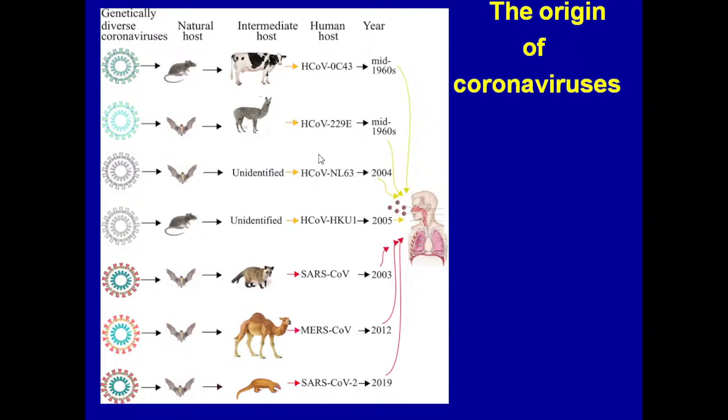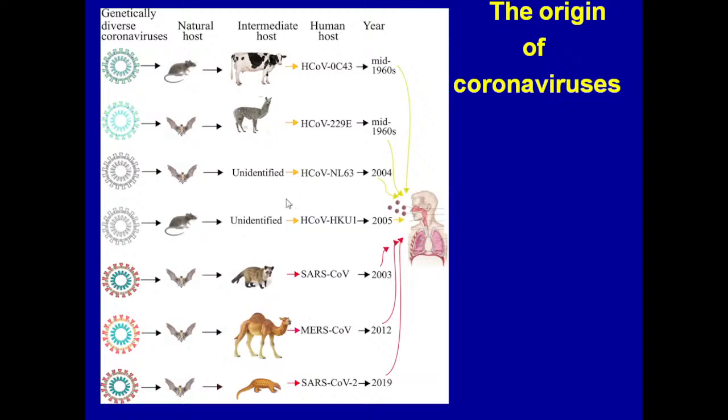So we also may have some not really very mild viruses that appeared in 2004 and 2005. They didn't cause any epidemic. But then now we have the new coronaviruses. They originate all from the bats as the natural hosts, and the intermediate animals have been different. So, civet cat for SARS-CoV, which appeared in 2002 and 2003.